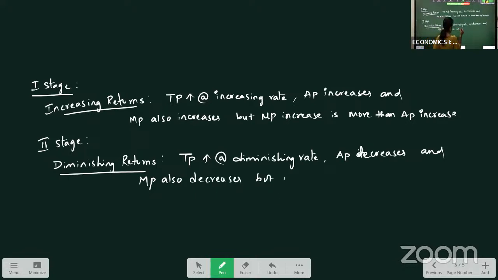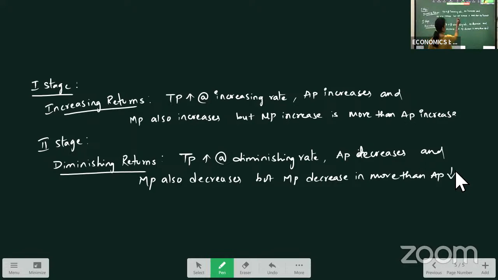But the MP decrease is more than the AP decrease. See here, when it is increasing, the MP increase is more than the AP increase. But when it is decreasing, the MP decrease is more than the AP decrease.